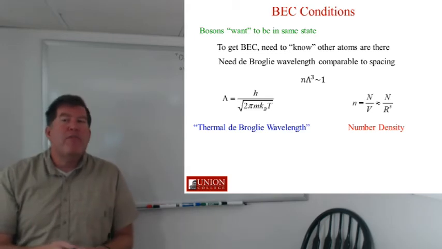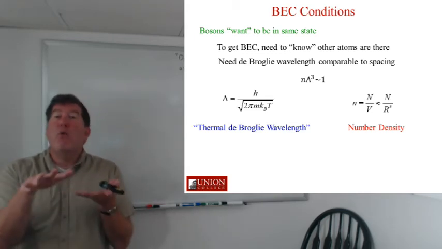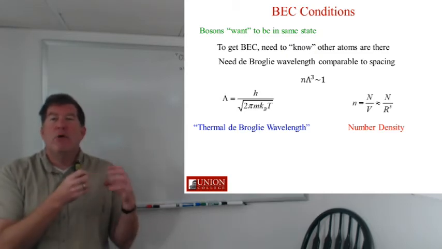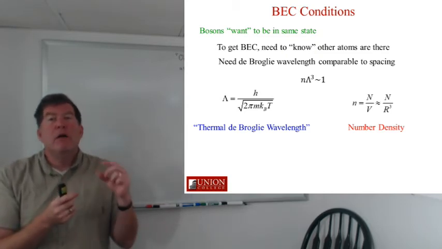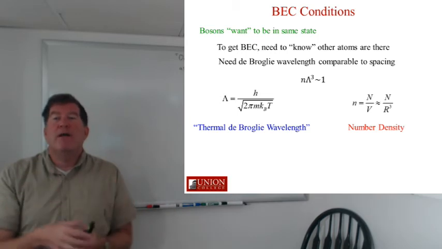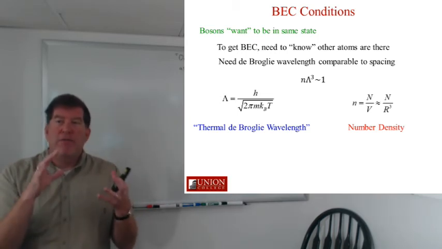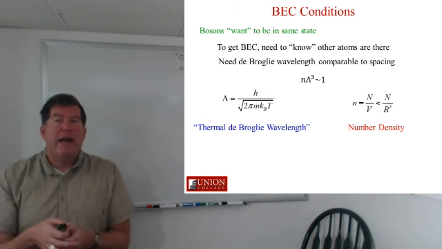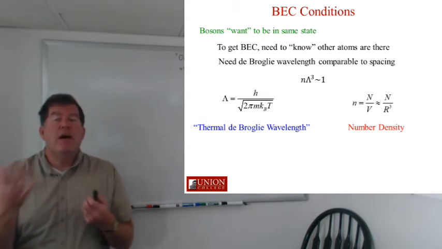Or if we express that mathematically, there's a de Broglie wavelength associated with atoms at a particular temperature that gets the symbol capital lambda, right? That's the wavelength of the atoms on average. And then we can talk about a density of the atoms, the number of atoms per volume.